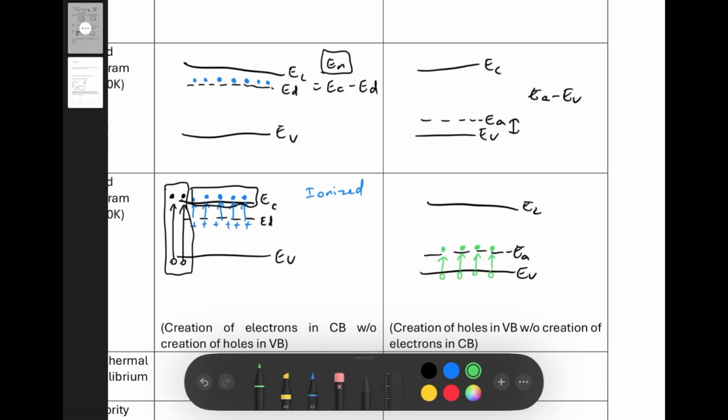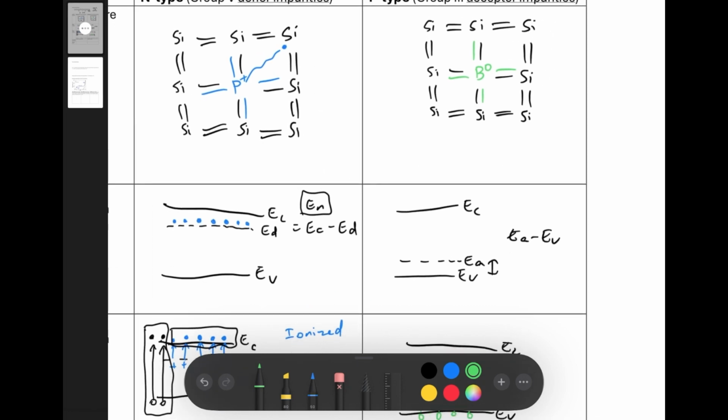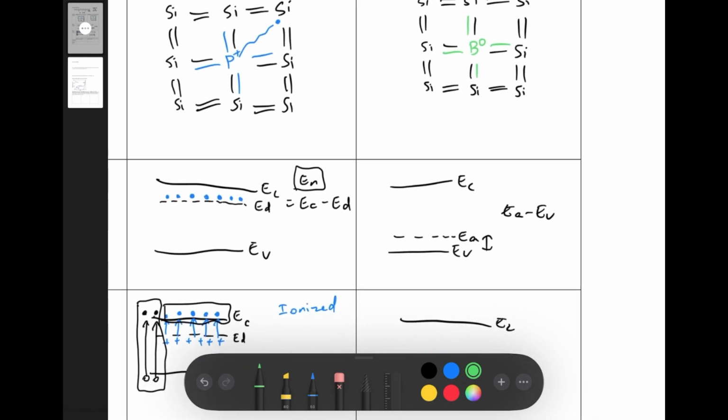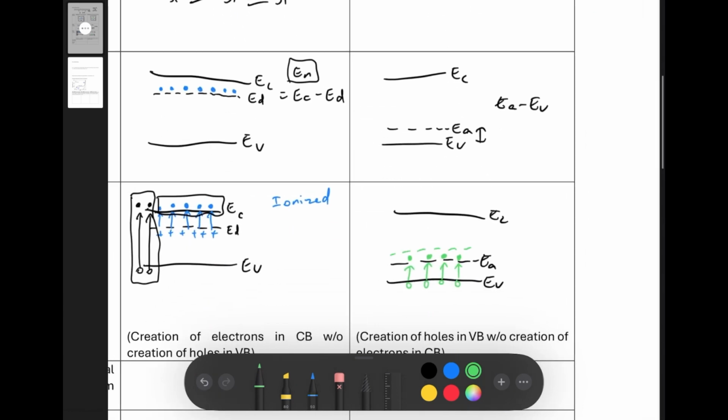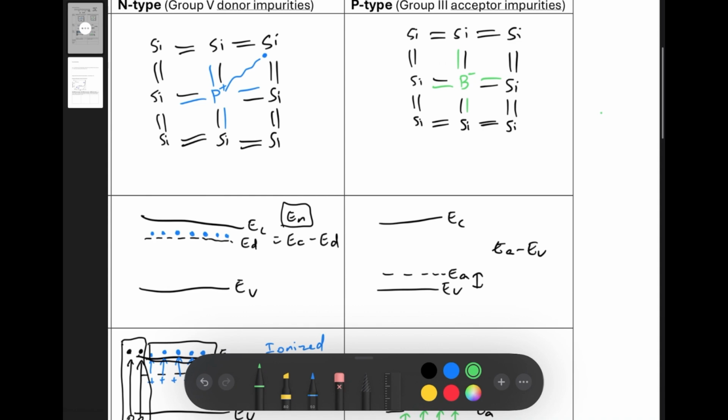So this is for the boron. Now the boron becomes negatively charged, because originally when it's empty, it's neutral, but now there are electrons at the acceptor level. So now the boron is negatively charged.